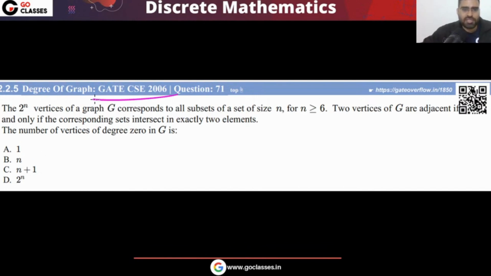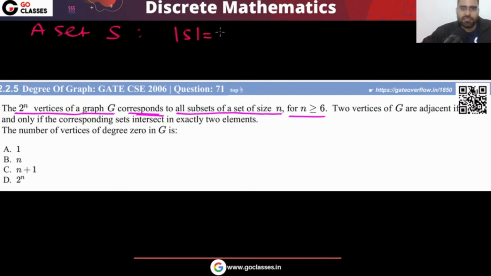What this question is saying, this is a GATE 2006 question. There is a graph which has 2 power n vertices, corresponding to all subsets of a set of size n, where n is greater than or equal to 6. So there is a set S whose size is n. There are n elements.